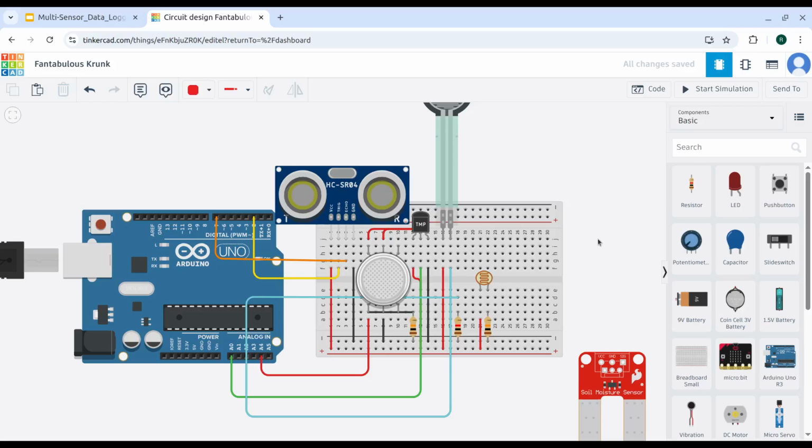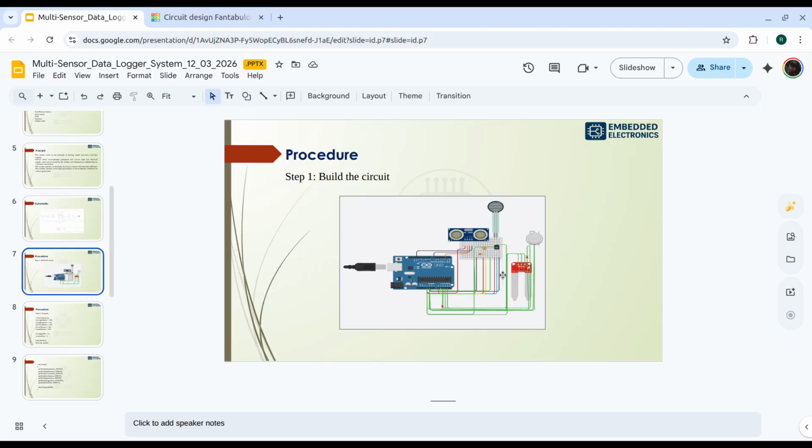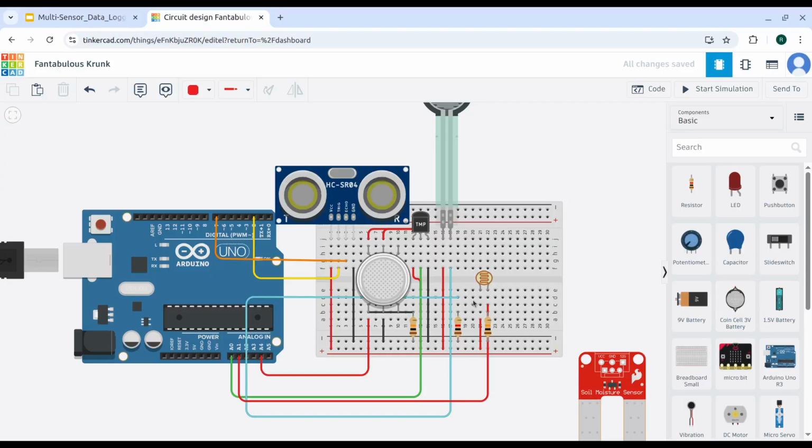But before that we need to connect this to A1. Yeah, see how it is connected. This one.